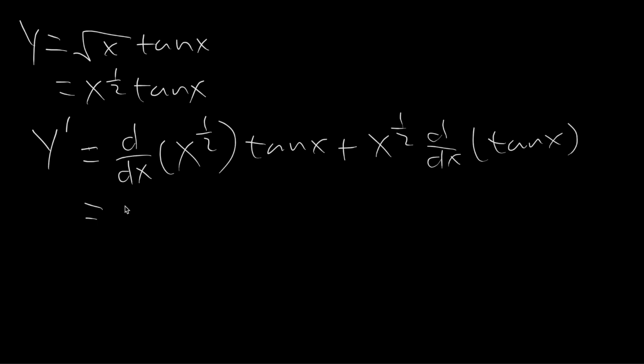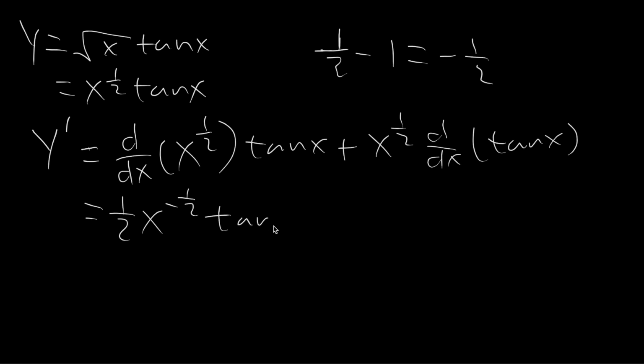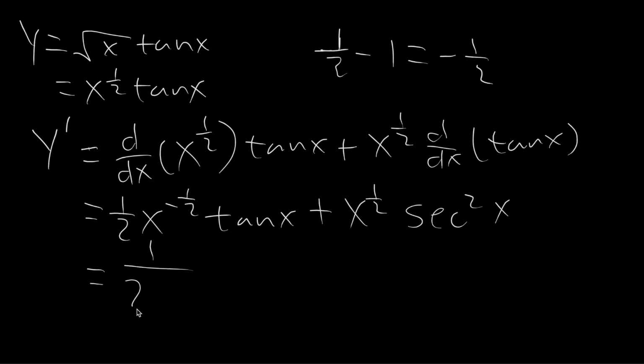This is equal to a half times x to the power of negative a half, because 1 over 2 minus 1 is negative 1 over 2, times tangent x, plus the square root of x times the derivative of tangent x, which is secant squared x. So this is equal to 1 over 2 times the square root of x, times tangent x, plus the square root of x times secant squared x.